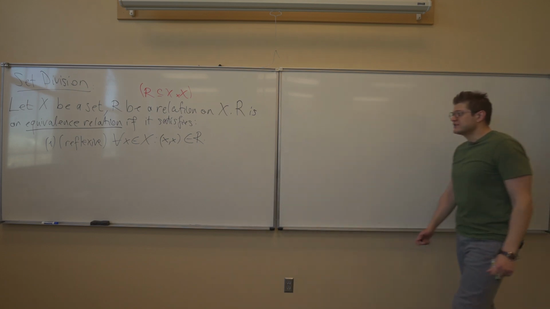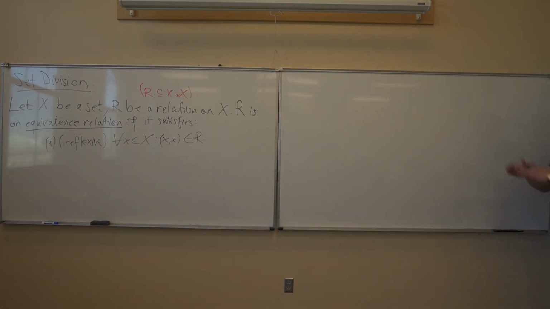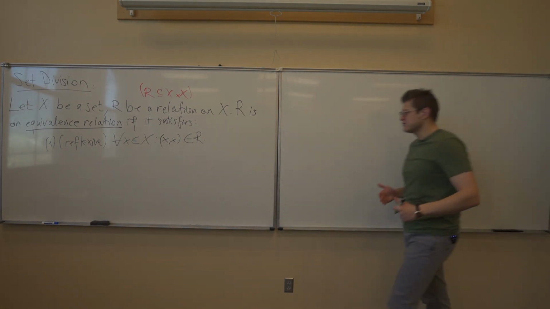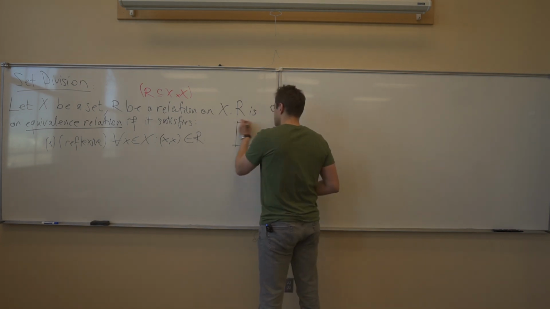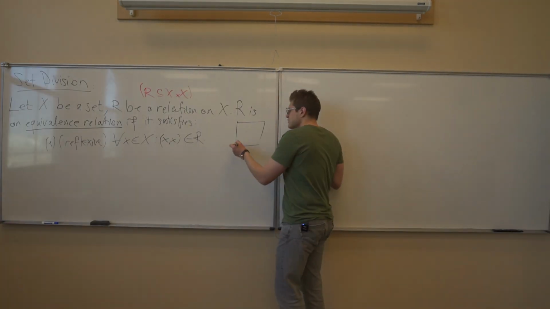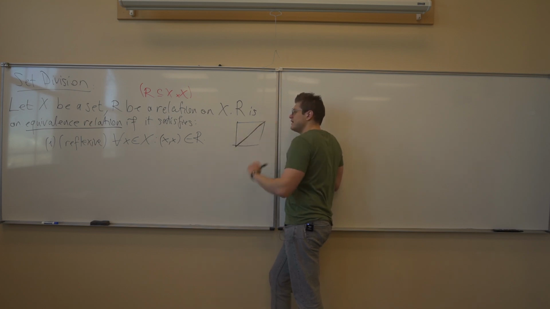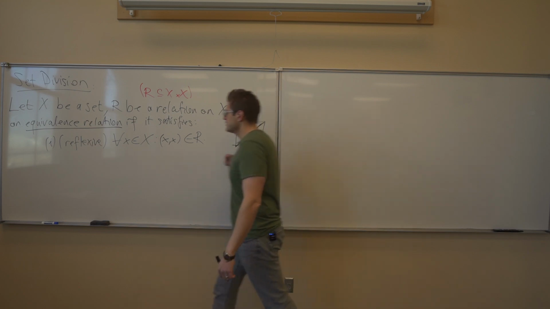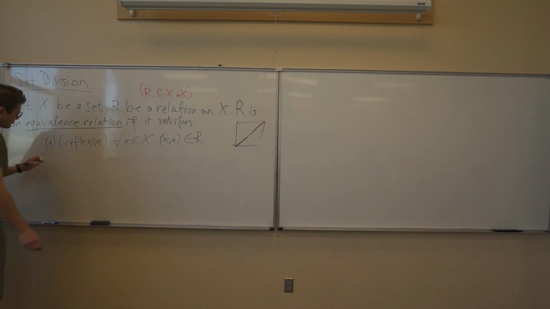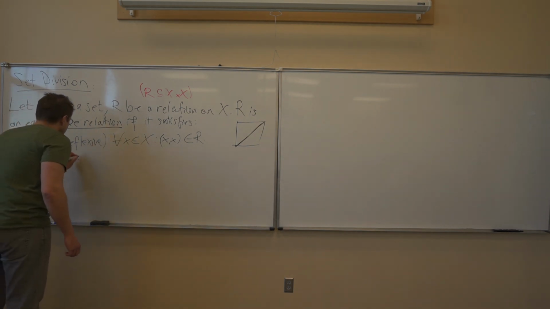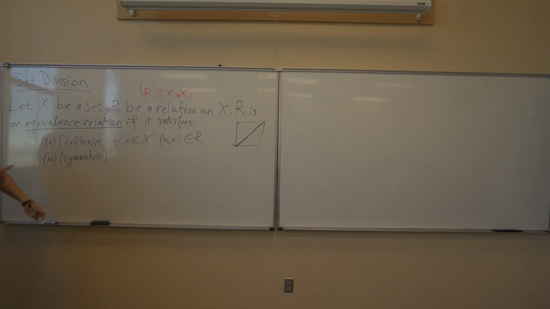Geometrically speaking, if I think of R as a subset of the square, this is saying that the main diagonal should be inside my R. Second is what is called the symmetry property, or symmetric. This says that if x is related to y, then y should be related to x.